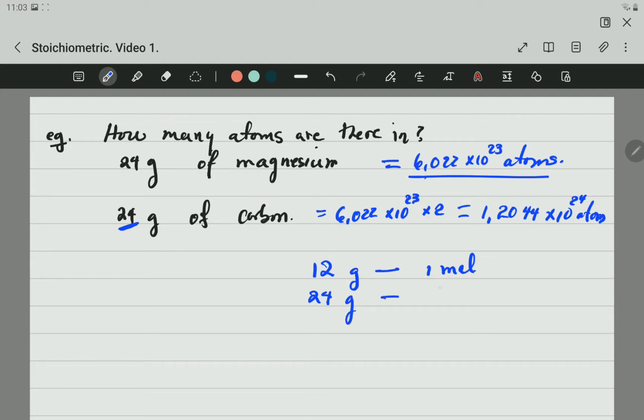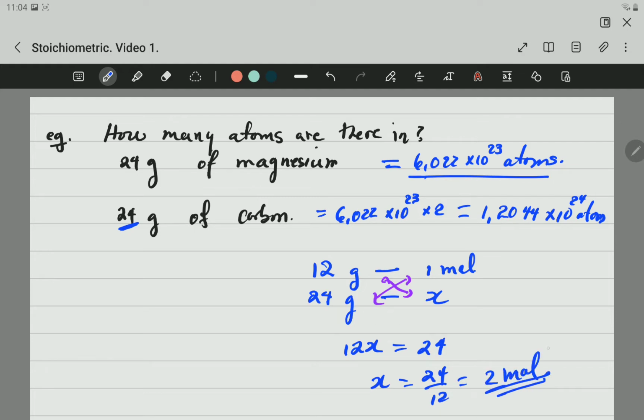And then you do a cross product: 12x is equal to 24. So x, which is the number of moles in 24 grams, will be 24 divided by 12, which is 2. So it's 2 moles.